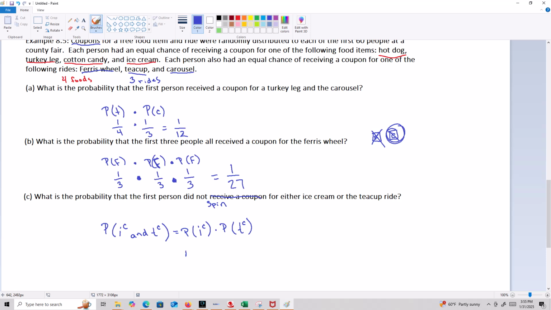So we go 1 minus the probability of getting ice cream, which is 1 out of 4, times 1 minus the probability of getting the teacup ride, which is 1 out of 3.